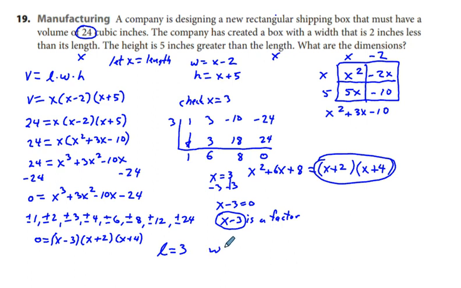So length is 4. Our width is going to be x minus 2, so 3 minus 2 is equal to 1. And our height is going to be 3 plus 5 is equal to 8. So we have 3 times 1 times 8.